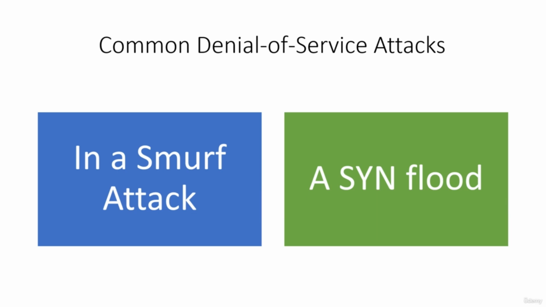So, what are the common denial of service attacks? There are many different methods of carrying out a DoS attack. The most common method occurs when an attacker floods a network server with traffic. In this type of DoS attack, the attacker sends several requests to the target server, overloading it with traffic.